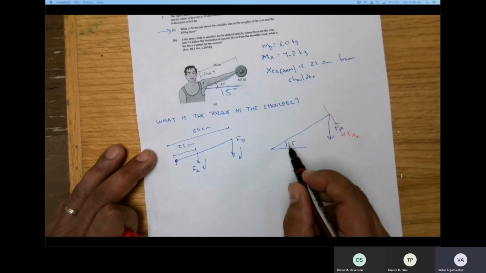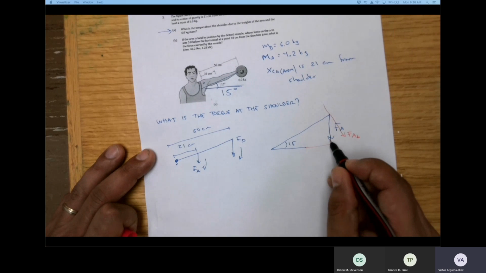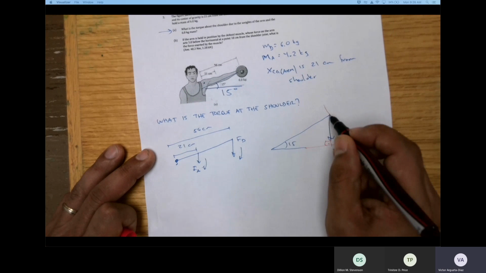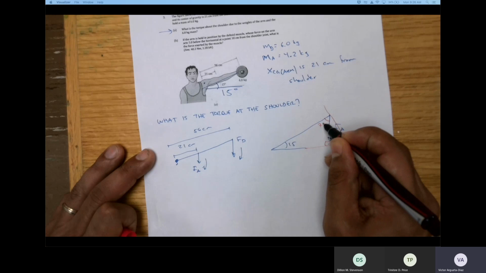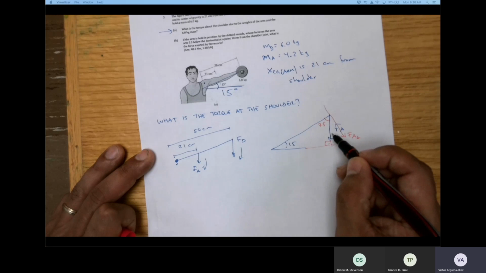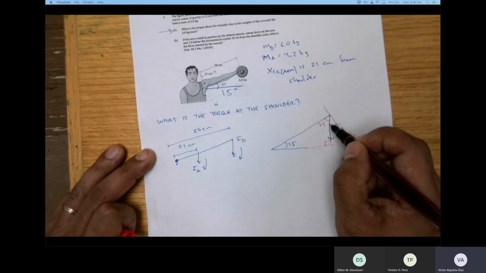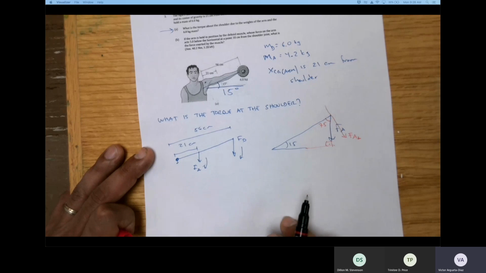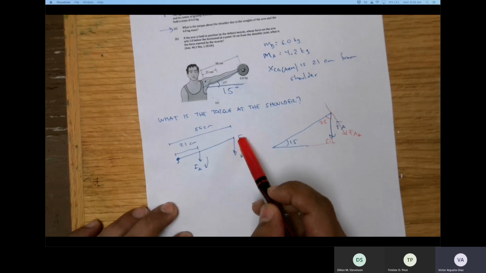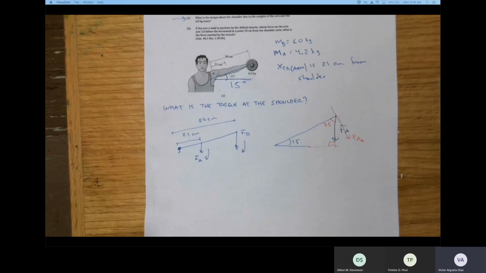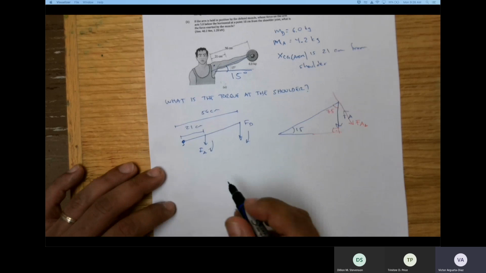If this angle is 15, this is going to be 90, and this over here is going to be 75. So 75 degrees is the angle between the force and the arm. And for the dumbbell, it's exactly the same, just the triangle is larger.